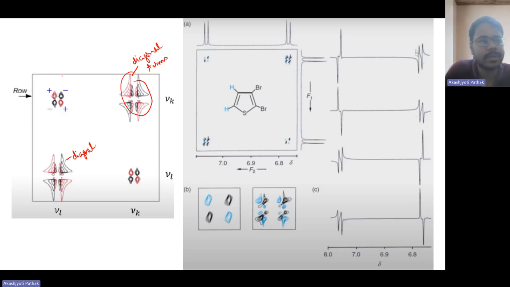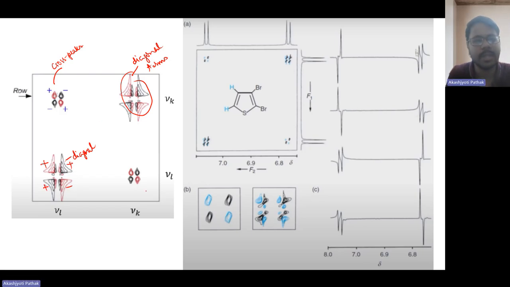And these are the cross peaks. In the cross peaks, you see these are very fine absorptive line shapes. For the absorptive line shape, the signs are plus, minus, minus, plus, while the diagonal elements have plus, plus, plus, plus.